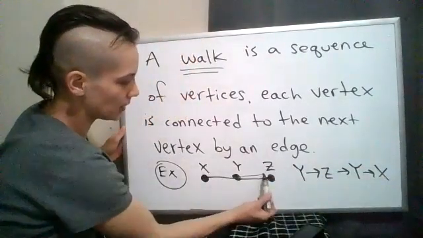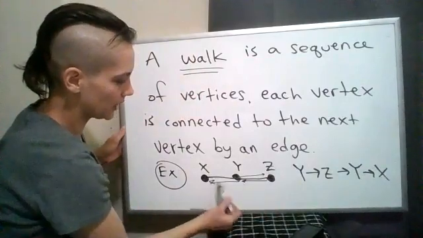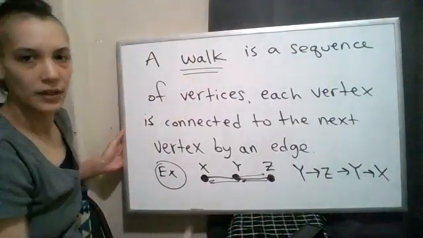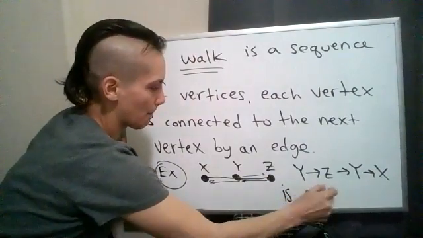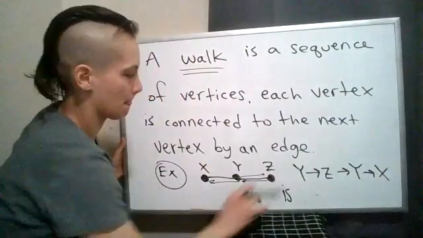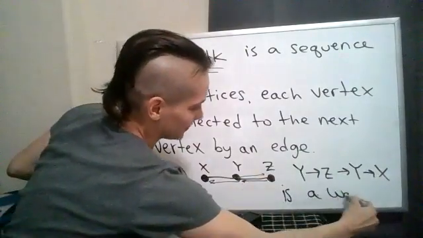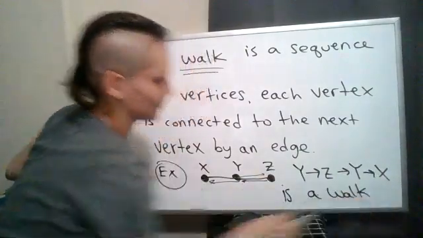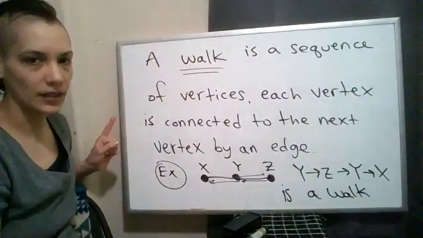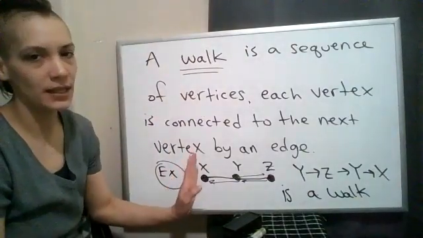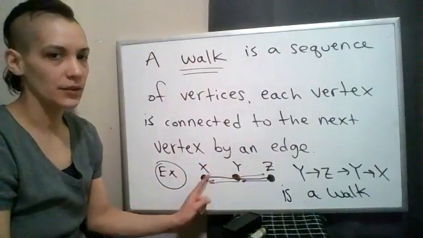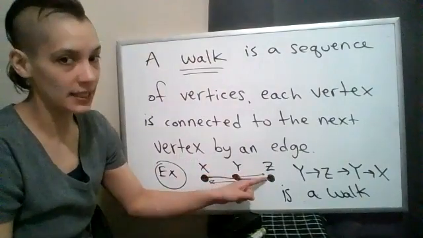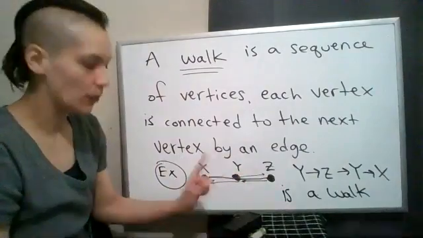So we went this way, came back over that way, and then went over again. Something that is not a walk would be xz. You can't just skip over y. You have to go from x to y and then to z. But x to z is not a walk.